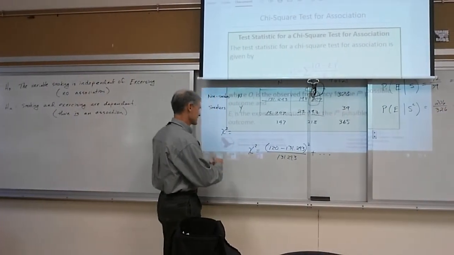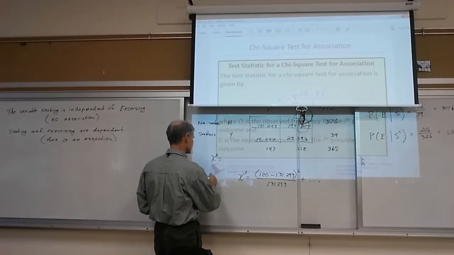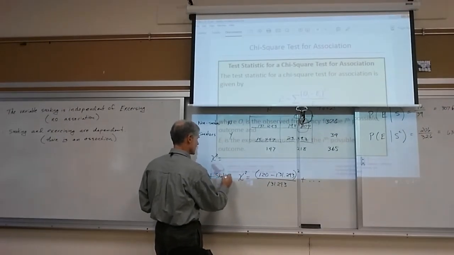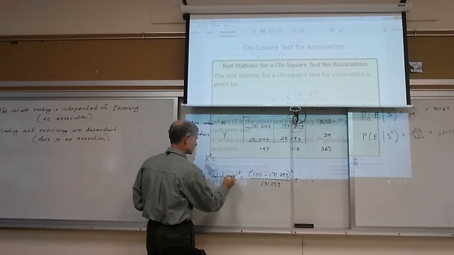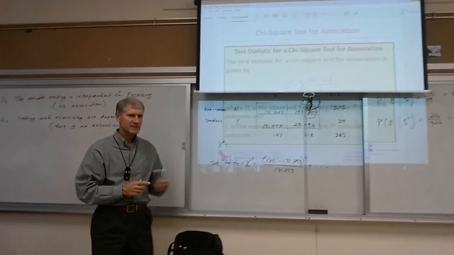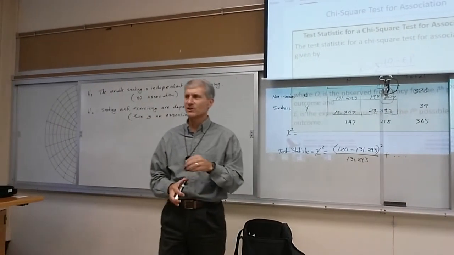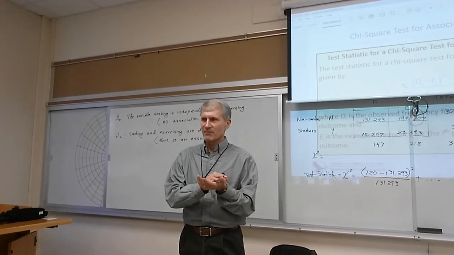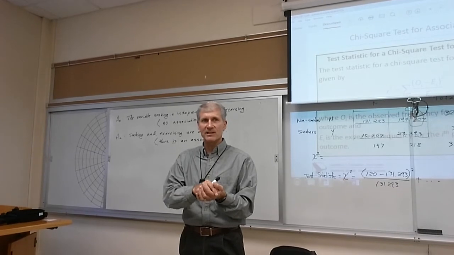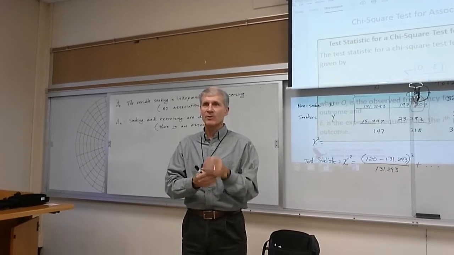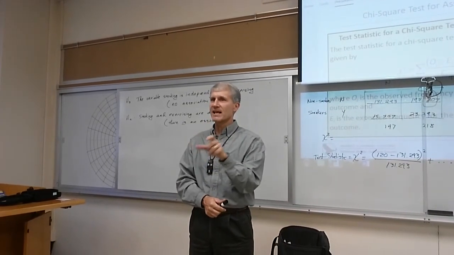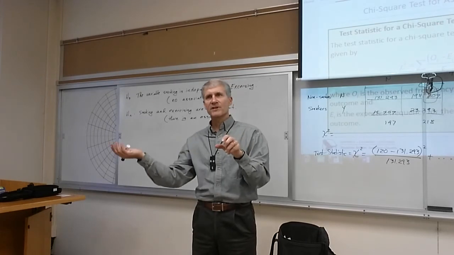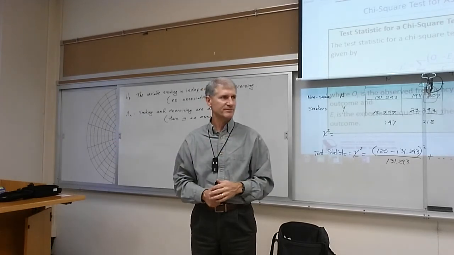Now this is a test statistic. Unfortunately, this test statistic does not have the intuitive appeal that the previous ones did. Before we had a t test statistic or a z test statistic, and we said this is the number of standard errors that the observed data is from the null hypothesis.